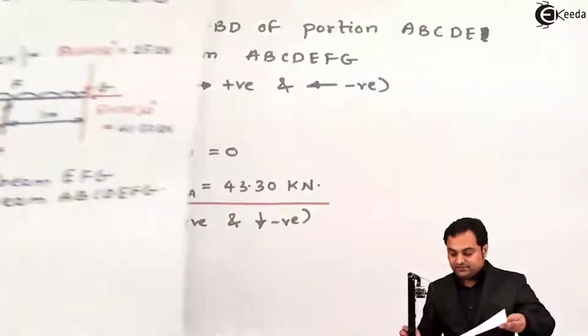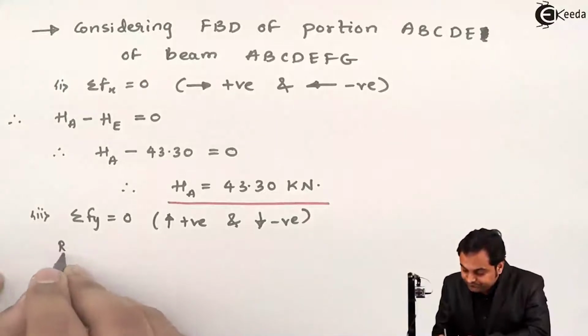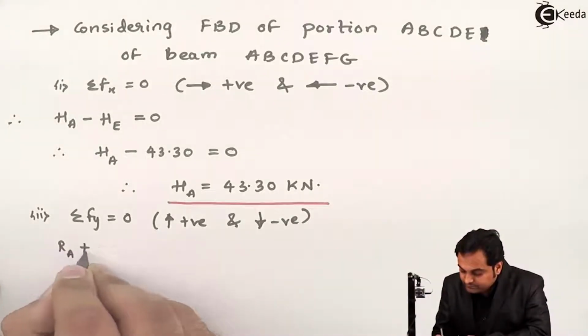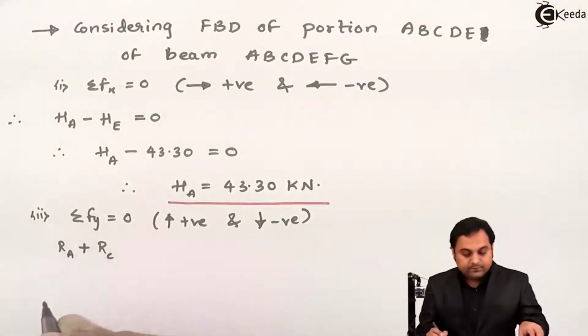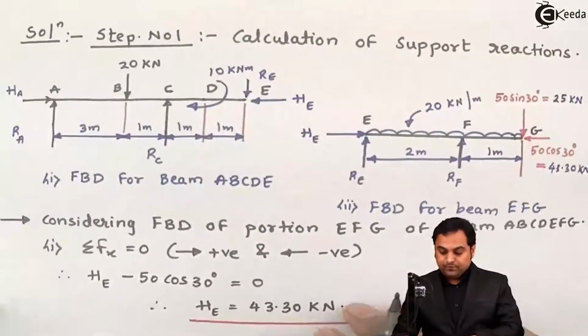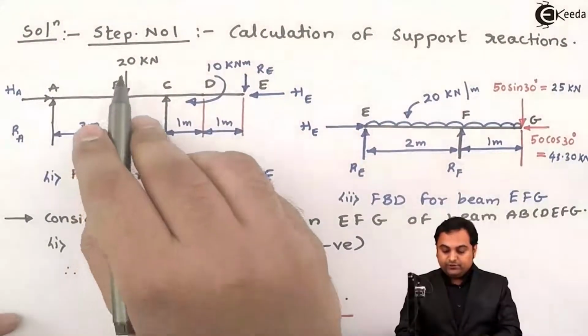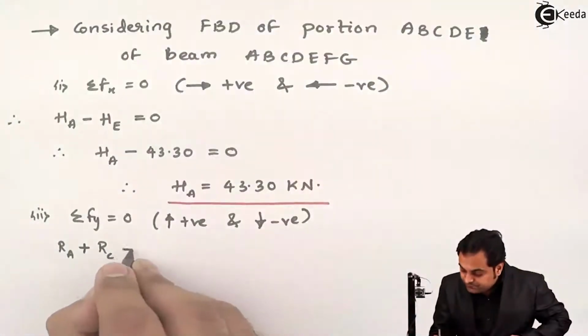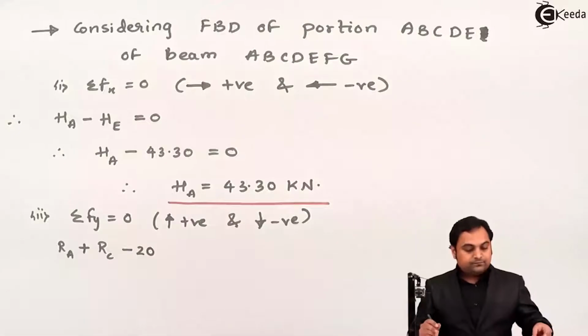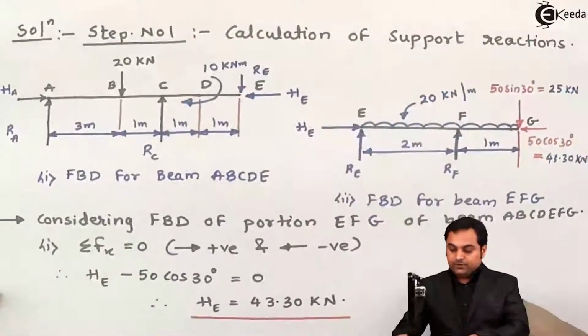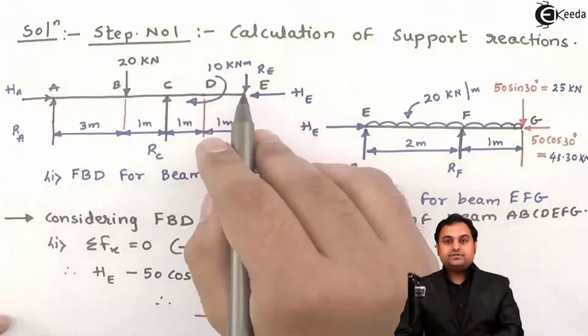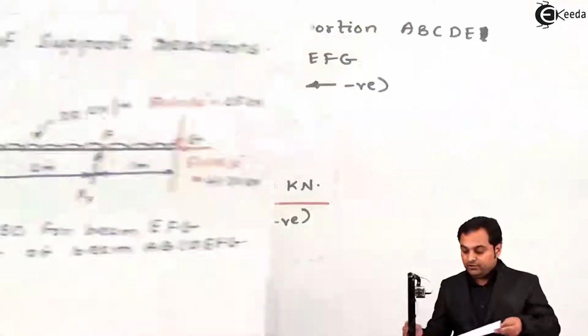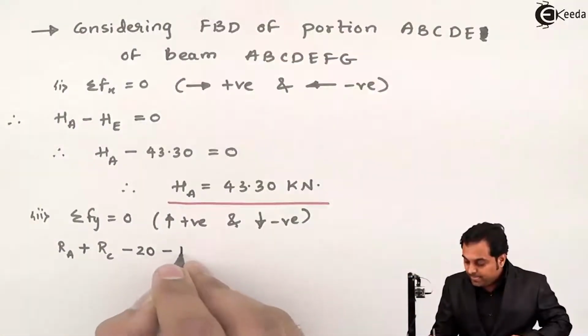So Ra plus Rc, then this 20 kilonewton force is acting downwards, so minus 20. Next, here Re is also present. This Re will be acting downward, so minus Re.